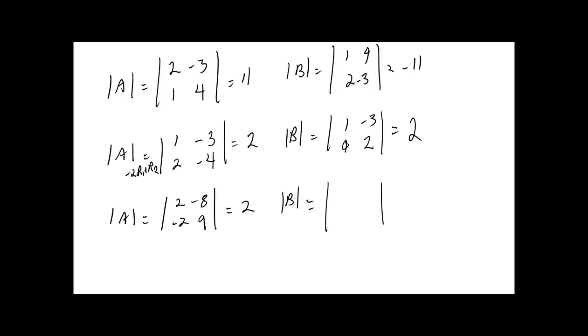Then I would worry about getting the 1 at the top. But we're not going to do that yet. We want the 1 at the top. Yes, divide the top row by 2 or multiply the top row by a 1/2. Okay? And what will that give you? 1, -4, -2, 9. What's the determinant of that one?